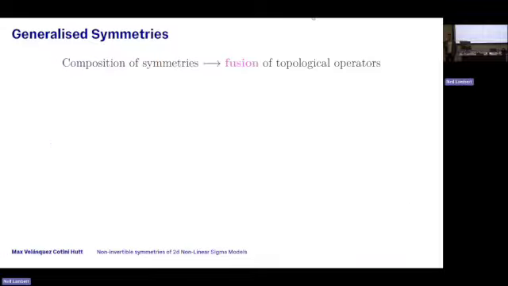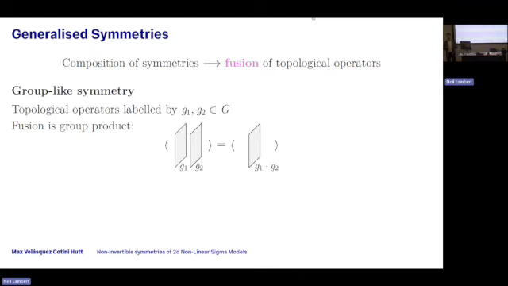So what we might normally think of as the composition of symmetries in this language of topological operators gets replaced by fusion. The meaning of which is that I take two topological operators, and being topological, I can move them around. So I bring them together and I understand them as one composite topological operator. The simplest example just being a group. So in the case of an ordinary symmetry, each one of my operators is labeled by a group element.